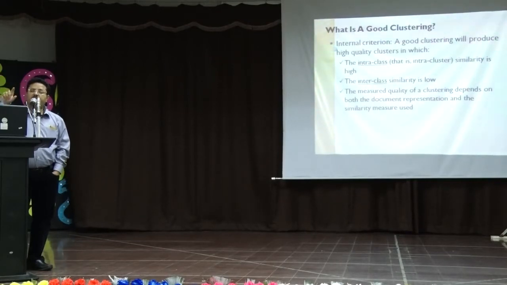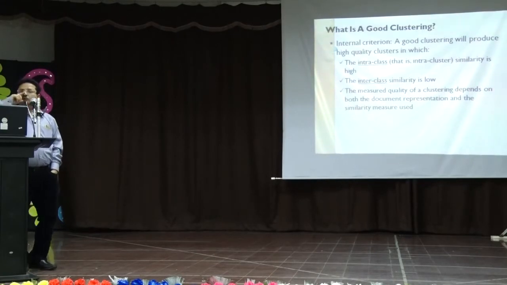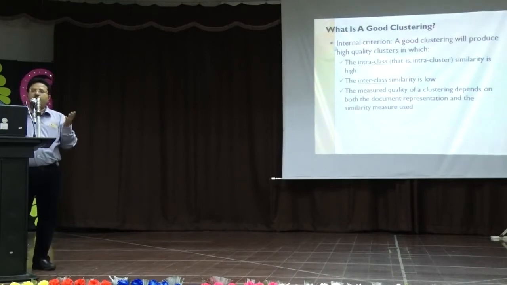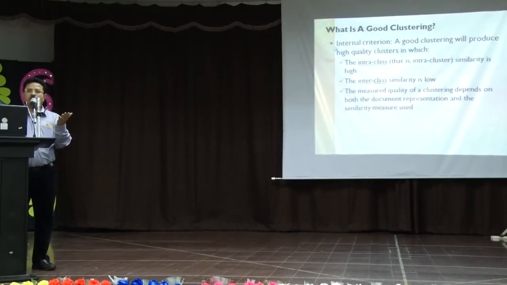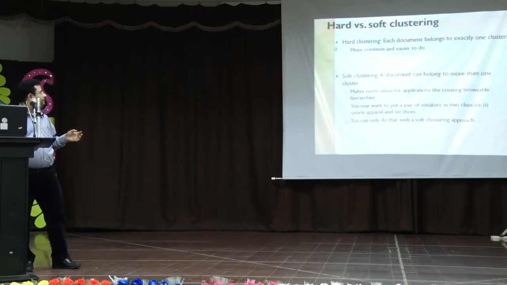That means the inter-class similarity will also have to be very low. So you see, these are the conditions for having a good clustering algorithm. And obviously, after clustering, in order to judge the quality of the clustering, you have to measure its quality, evaluate its quality. So how to do that?